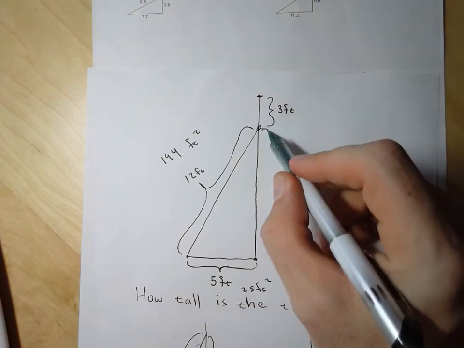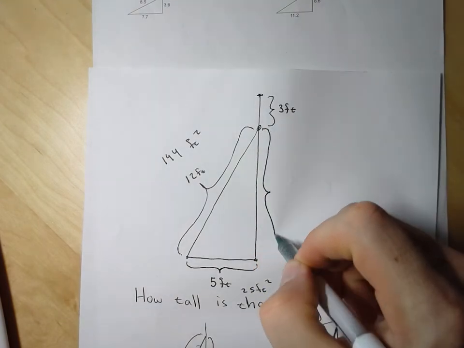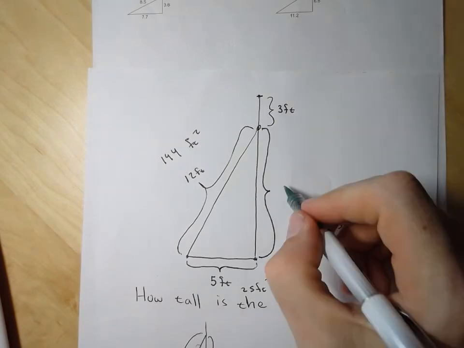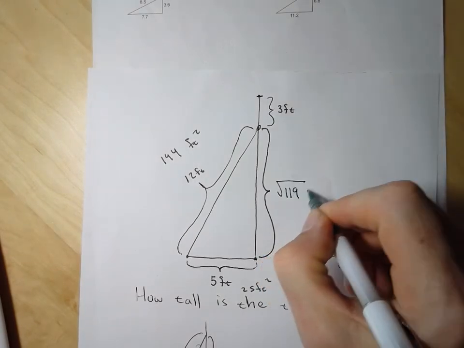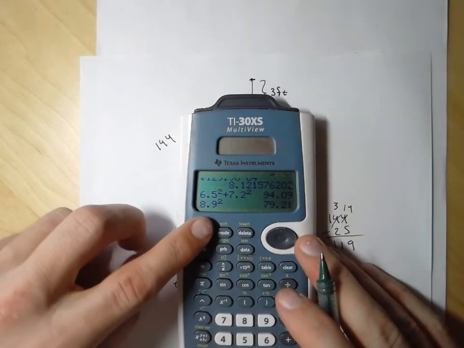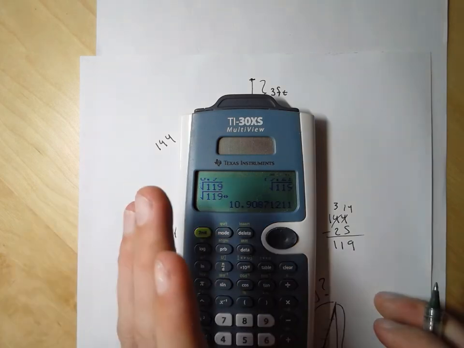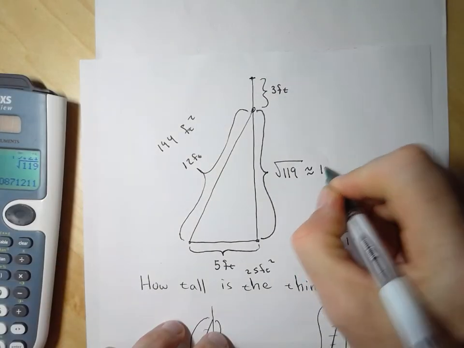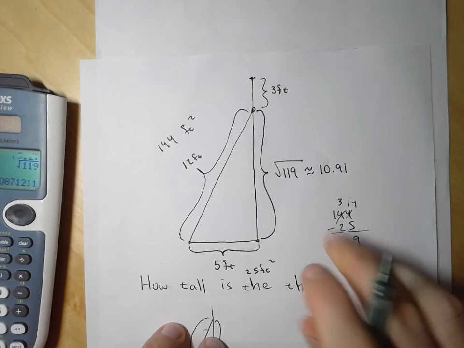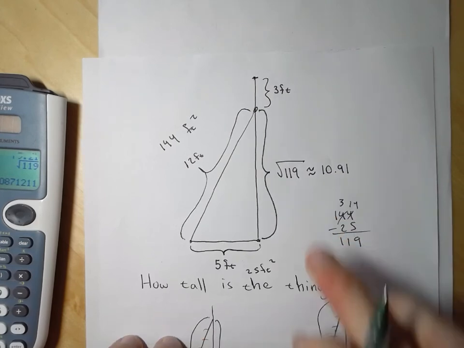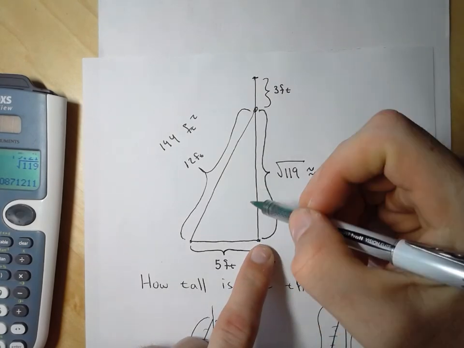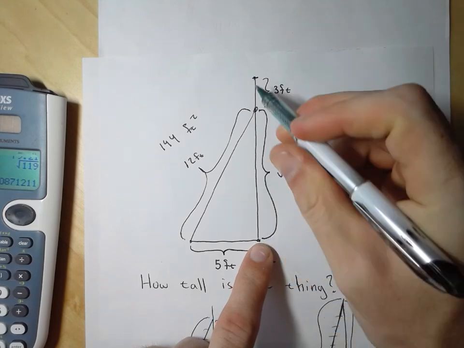So this length right here is going to be the square root of 119, or about, that's a little bit less than 11, 10.91 after rounding.